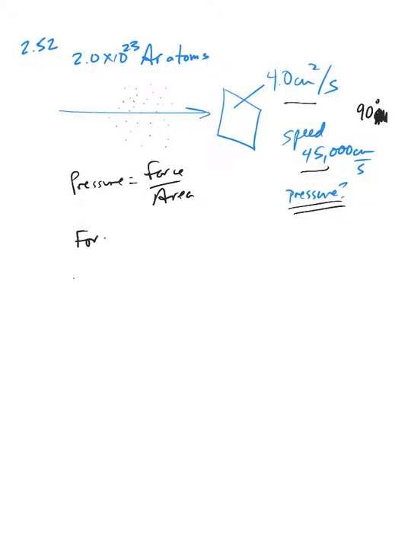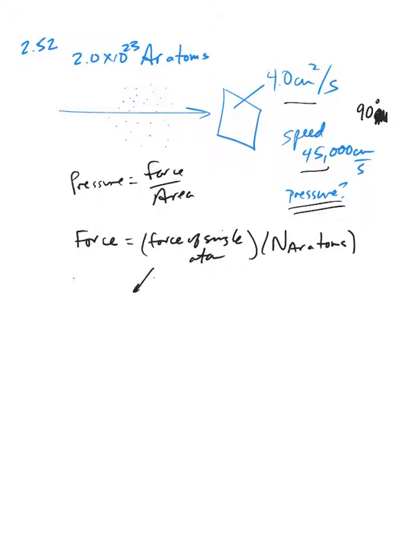I'll represent some of that here, in which you could think about the force of this system, which is about 1/3 of a mole of atoms, but the force of the system is going to be the force of an individual atom multiplied by how many atoms you have. So force of a single atom times the number of argon atoms is going to give us the force, or the numerator in the pressure expression.